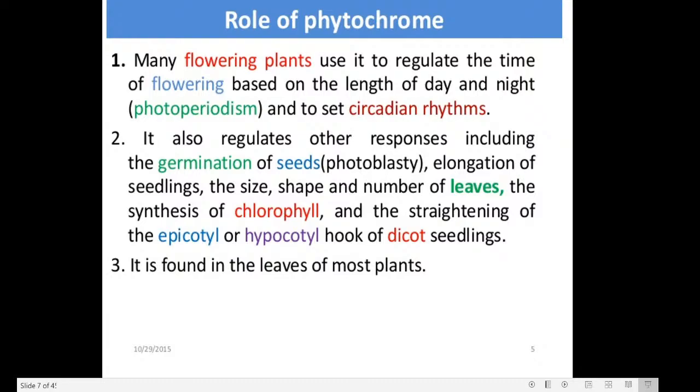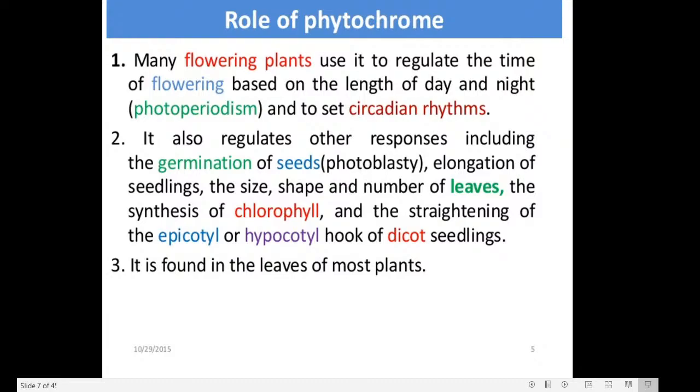Based on this light, the receiving of red light and far red light activates the plant mechanism called photoperiodism.